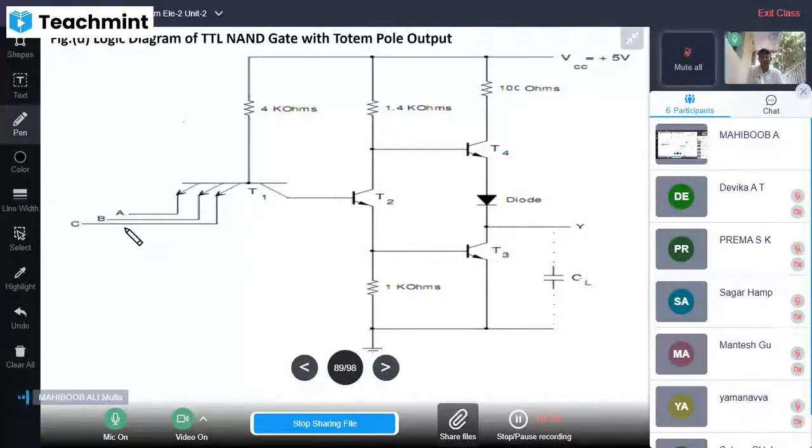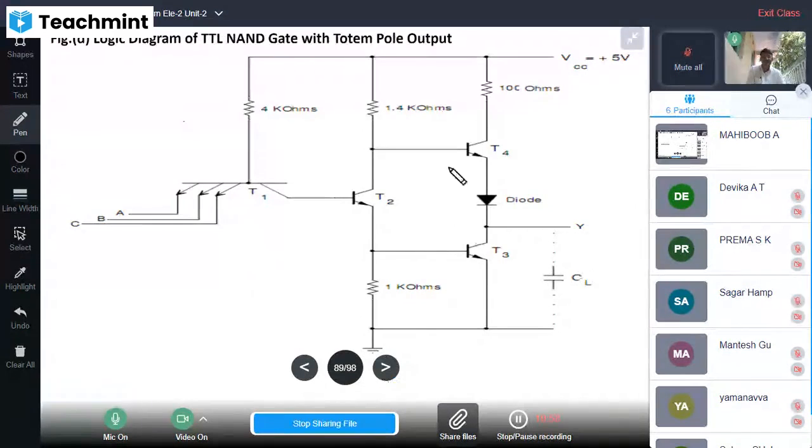When all are 1, output is 1 in an AND gate. But when all are 1, output is 0 in a NAND gate. For other conditions, it is high. Any one of the inputs is 0, output is high. Only when all inputs are high is the output low, the opposite of an AND gate.